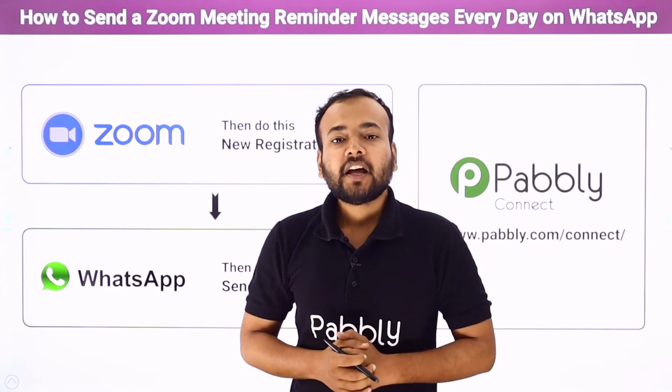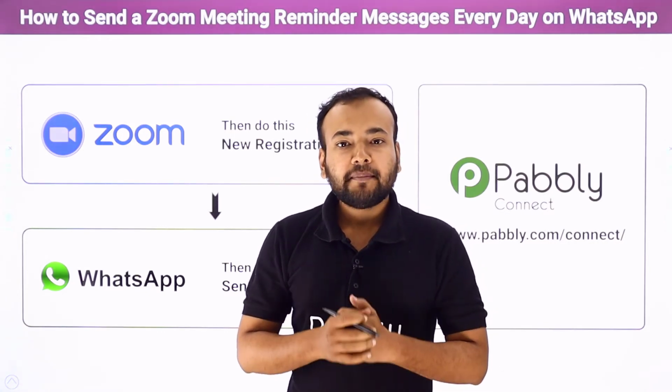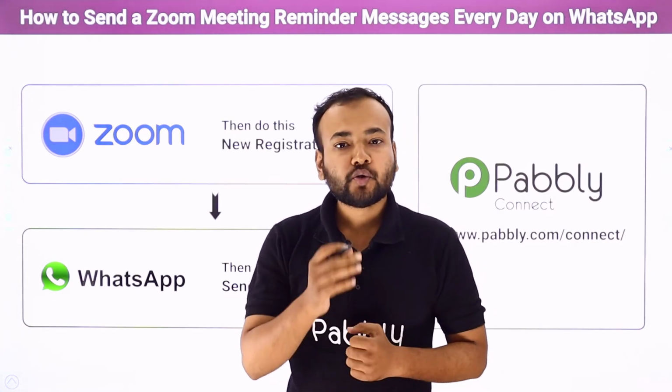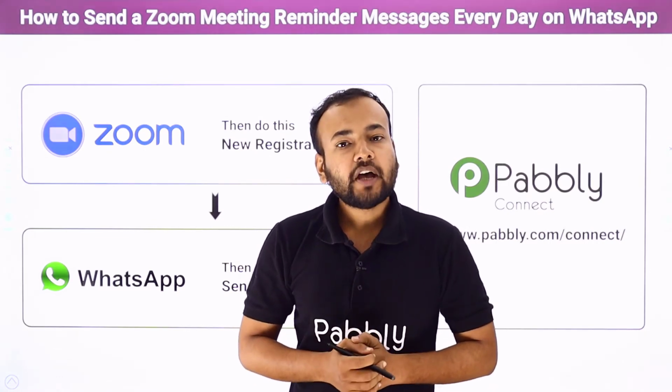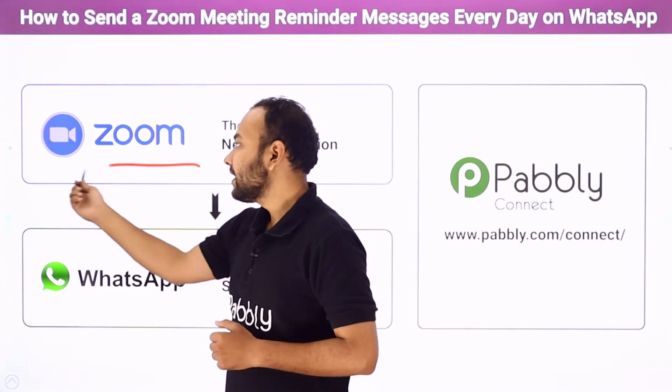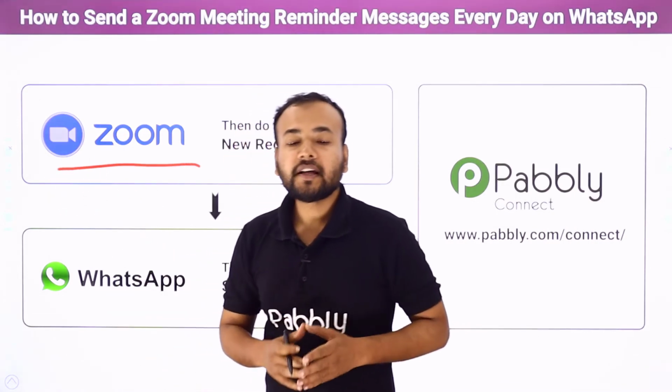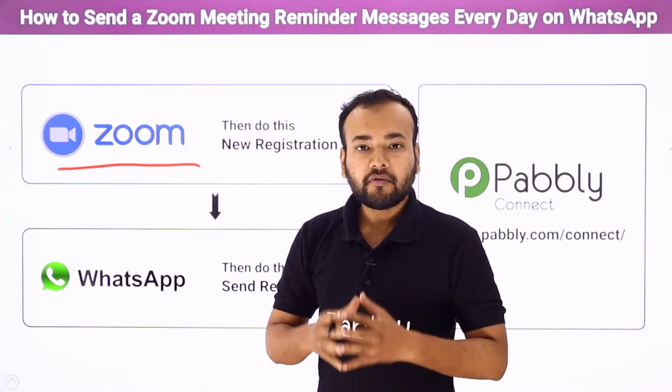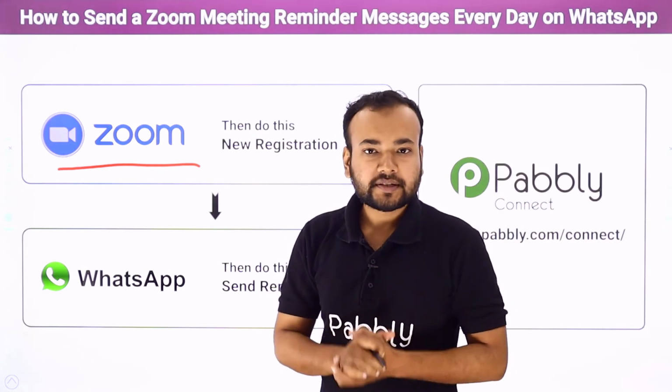So suppose that you want to conduct an online meeting or a webinar on the Zoom application. You have scheduled and created a meeting on Zoom, and you have distributed the registration link of that meeting or webinar to all your audiences, right?